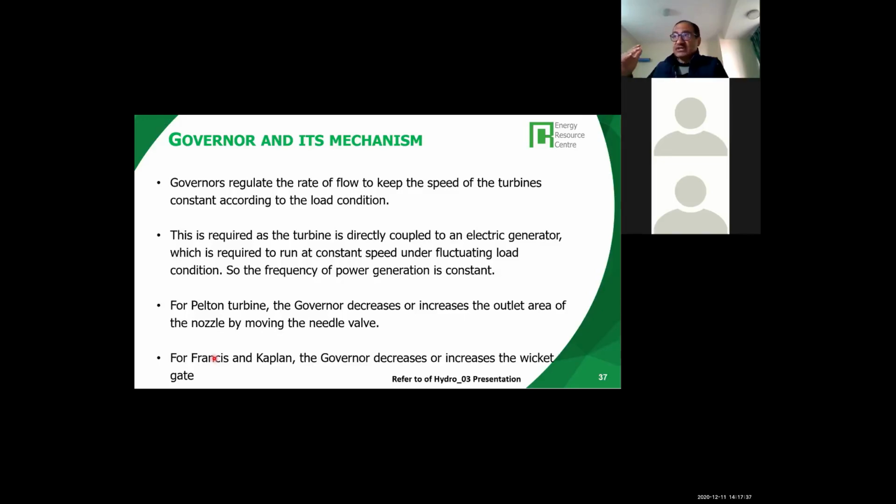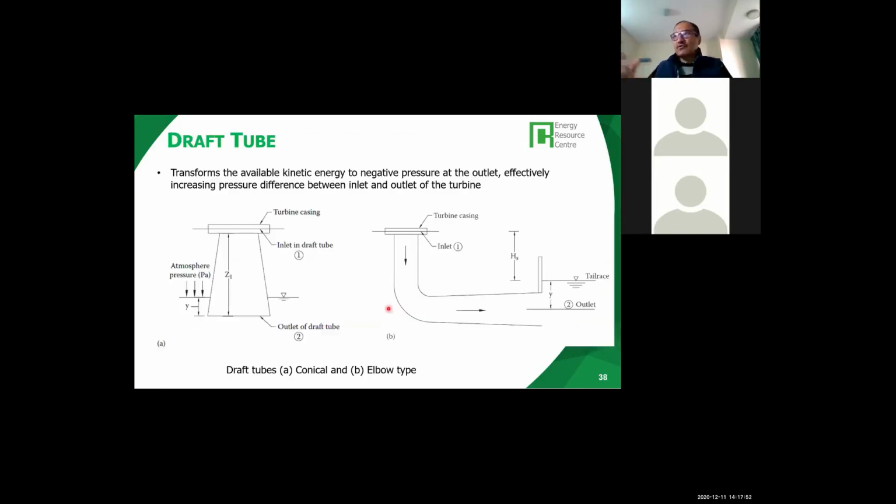So we need a governor. Basically, for a Pelton turbine, it increases the outlet area of a nozzle so that the flow is controlled. For Francis and similar turbines, it increases the wicket gate to control the flow.